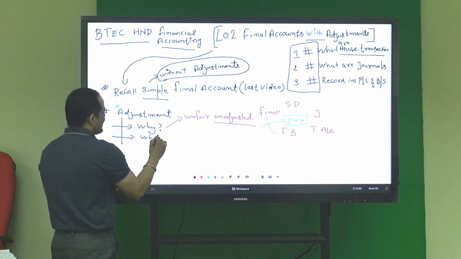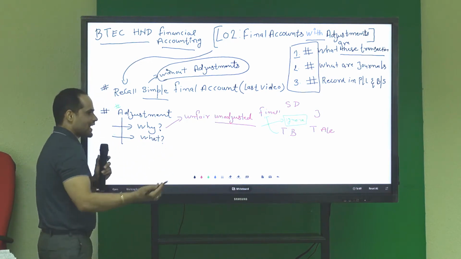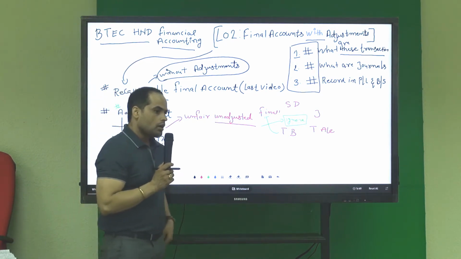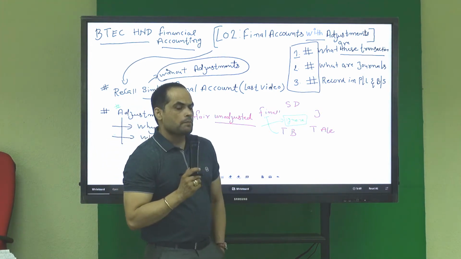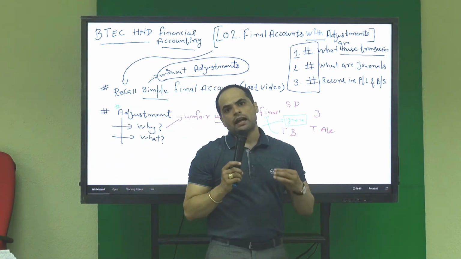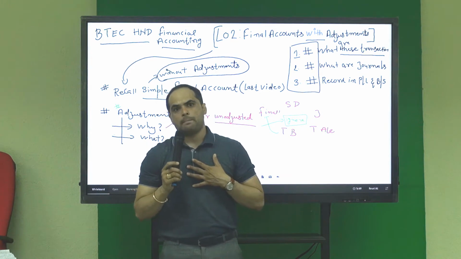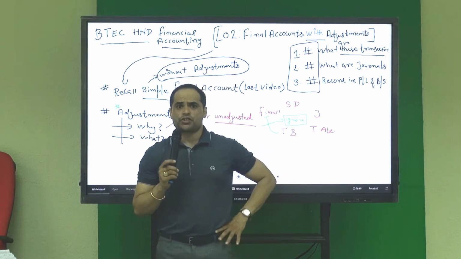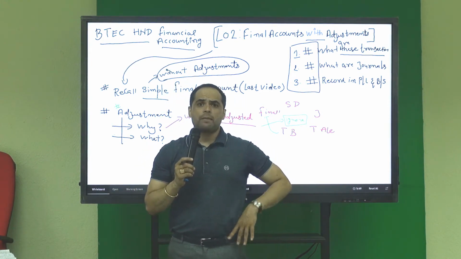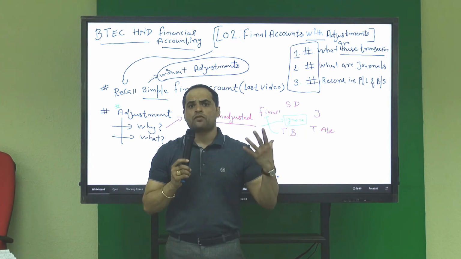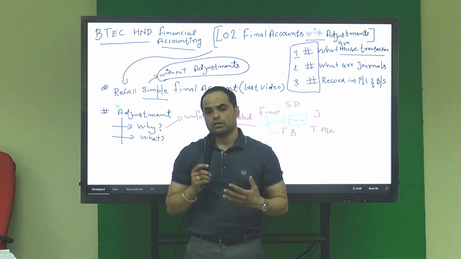Now, what is this kind of adjustment? Final accounts or any kinds of transactions that may create complexity. What does it mean?